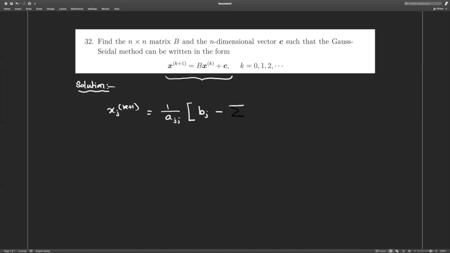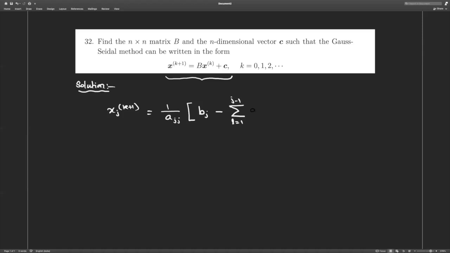One is the part where the components are already calculated in the present iteration, that will run from, say, l is equal to 1 to j minus 1, right? When you are calculating the jth coordinate of the vector x, you have already calculated the coordinates of x which are less than j.